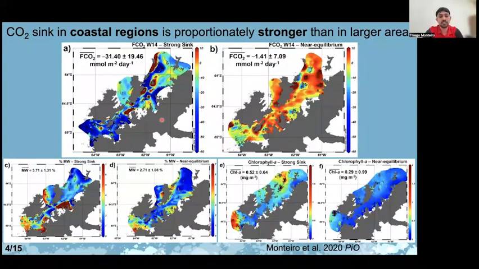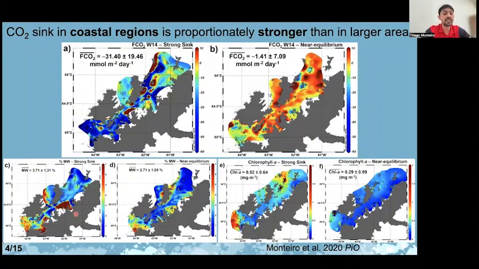This is the spatial variability of the CO2 fluxes, and we can see very clearly the different magnitude of the CO2 fluxes under the different conditions. And another important point is that when we split the years into strong sink and near equilibrium conditions, we also see a significant difference in the meltwater input. So we have higher meltwater input during the strong CO2 sink condition, just for the summer.